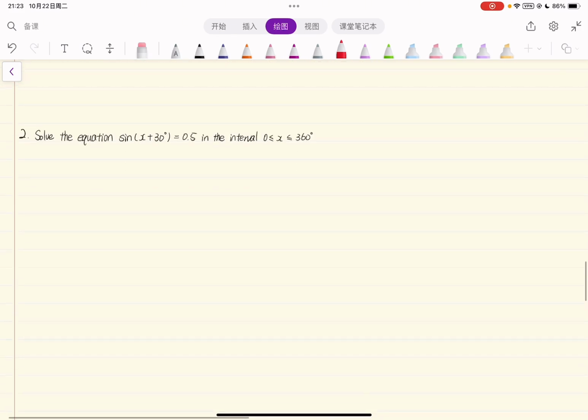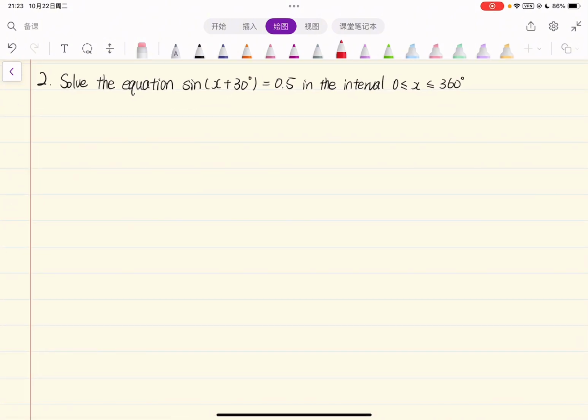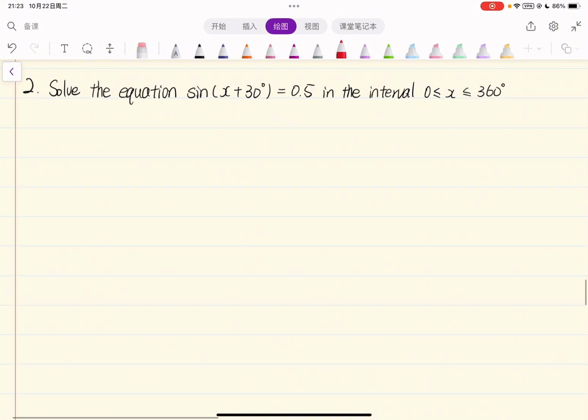So for question 2, solve the equation sine bracket x plus 30 degrees equals 0.5 in the interval x less than or equal to 360 degrees, greater than or equal to 0. Similarly, we can use another letter to represent x plus 30. So let alpha equal x plus 30 degrees. Then we have sine alpha equals 0.5.